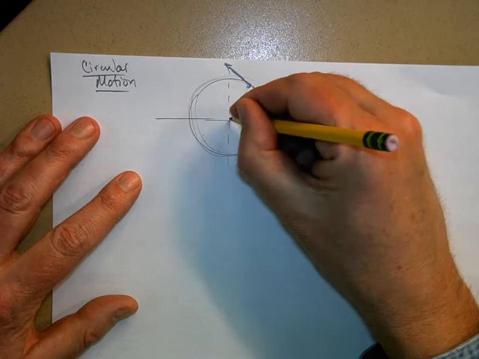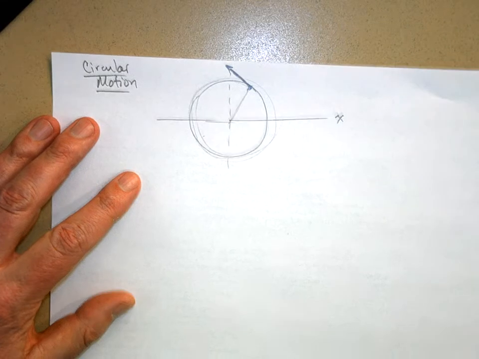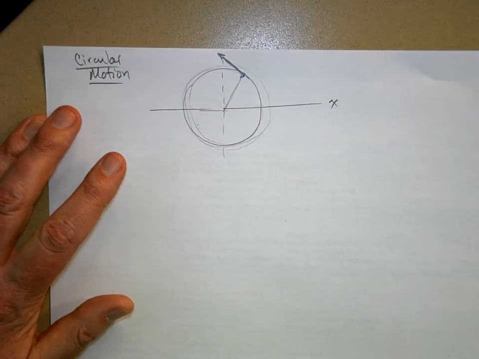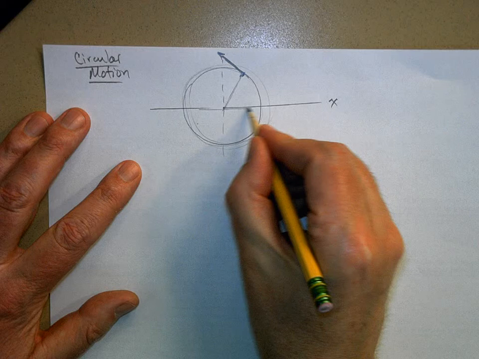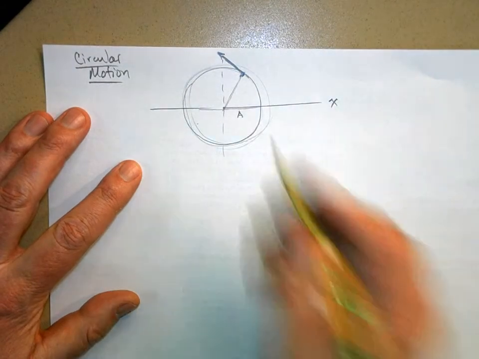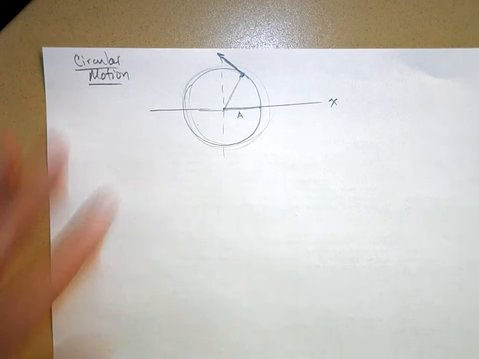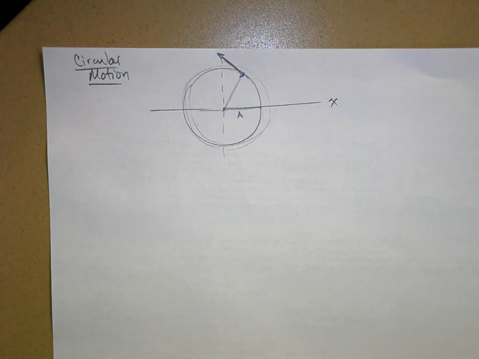This is going to have some radius. Now, usually we call the radius r, don't we? But for here, we're going to say that the radius is capital A. We can call it anything we want. I'm going to call it capital A, because we're going to relate that to the amplitude of the simple harmonic oscillator here in a few minutes.